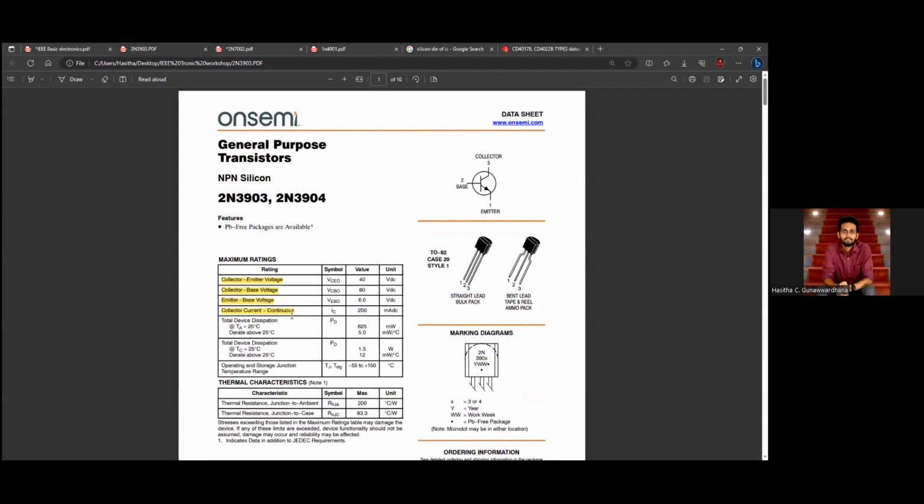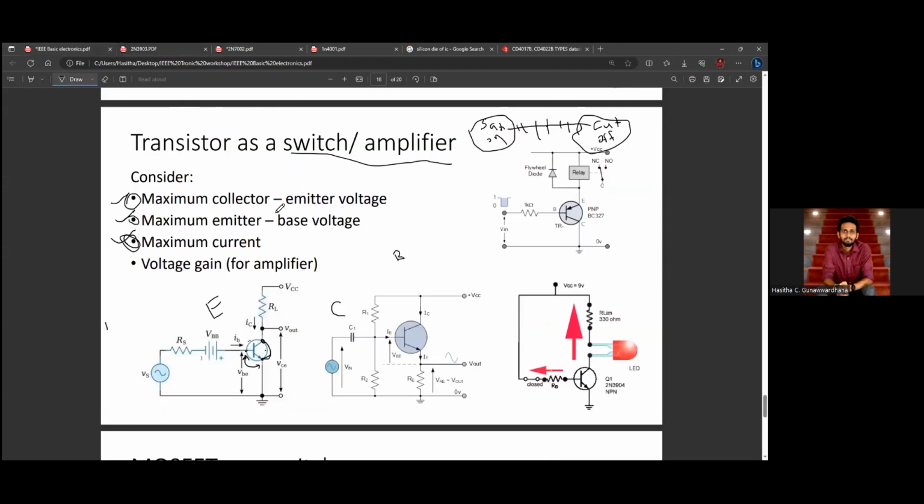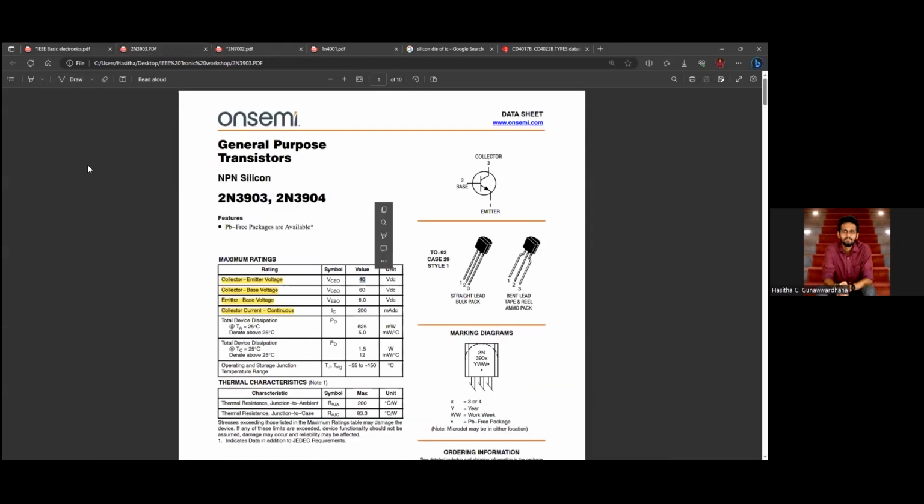The values we talked about before, collector emitter voltage and collector emitter base voltage, are given here. These are the maximum ratings this transistor can safely operate at without a problem. Considering these ratings, you can choose a transistor.